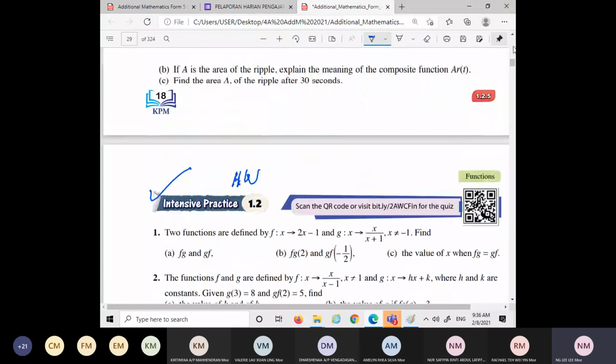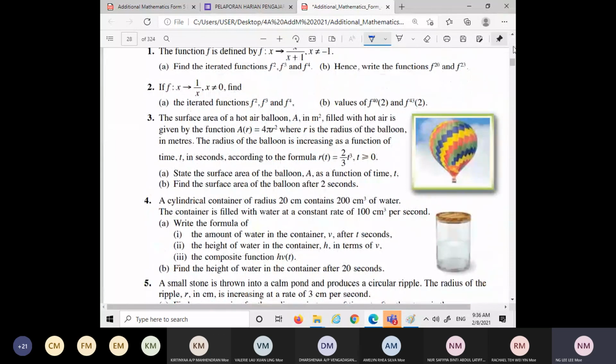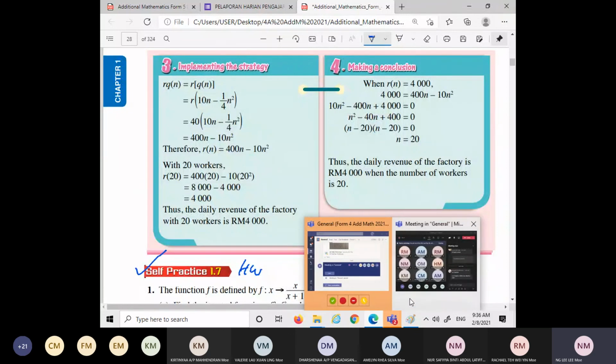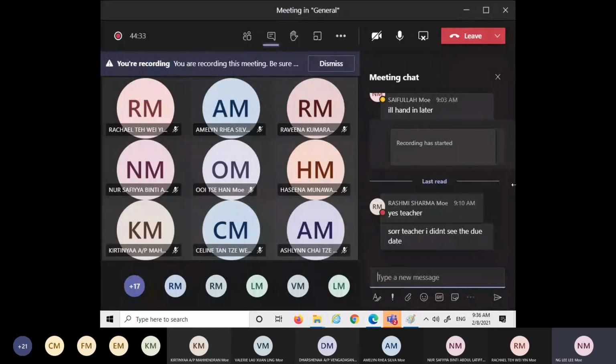This is for 1 week. Mostly it is solving problem questions, so this part is quite important. Any questions to ask, girls? Yes or no?